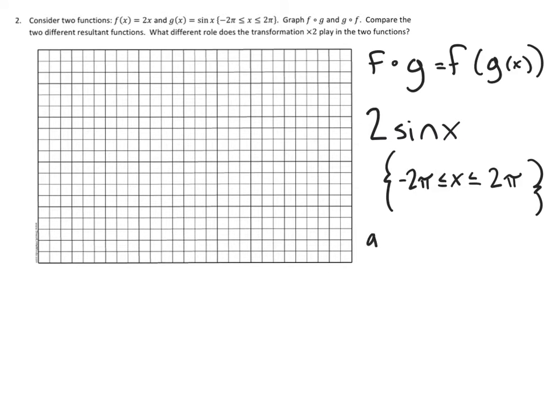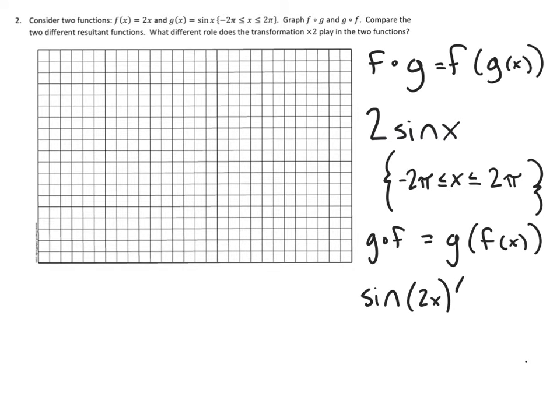And then for g composed with f, that's another way of writing g of f of x. I start with the graph of g, and when I get to an x, I plug in f of x. So the graph of g starts with sine, but then I see an x. So instead I write 2x. And it's going to be on the interval from negative 2 pi less than or equal to 2x less than or equal to 2 pi.